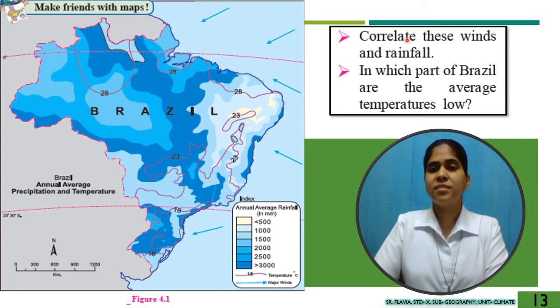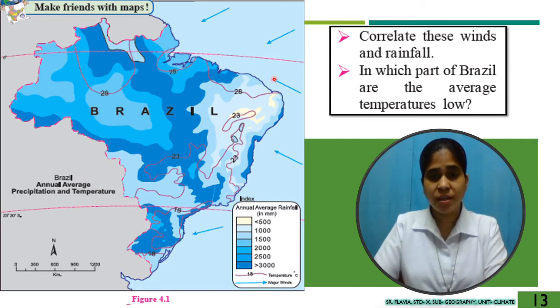Next, correlate these winds and rainfall. Look over here. Because of the Great Escarpment and Brazilian highlands, the winds carrying moisture get obstructed and they start to move higher.